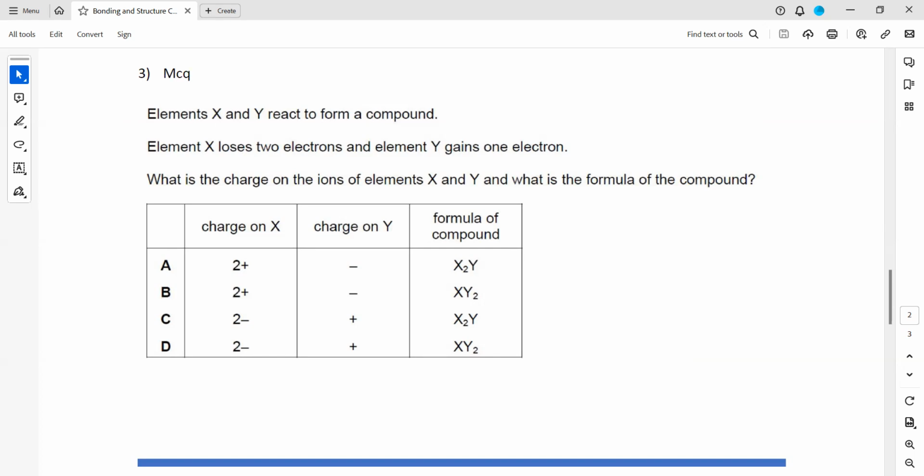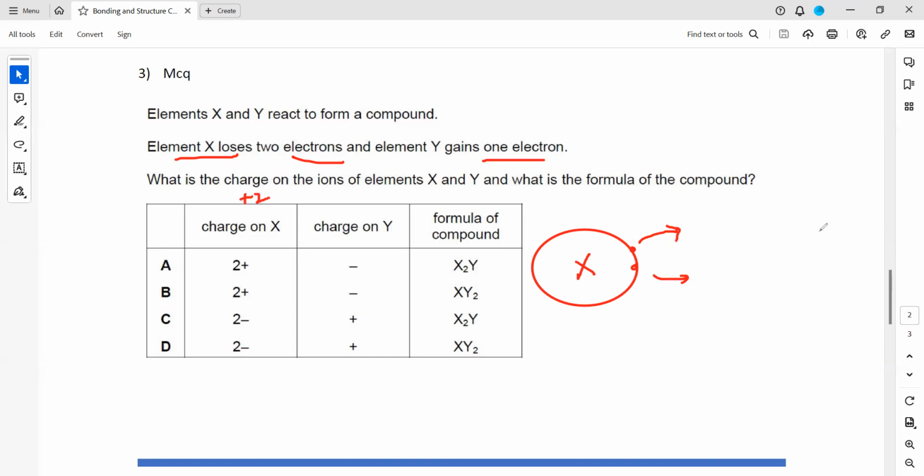First it will be ionic, because one is losing electrons and another is gaining electrons. Element X loses 2 electrons, so X should be a metal as it has a tendency to lose electrons. So the charge on X is +2.